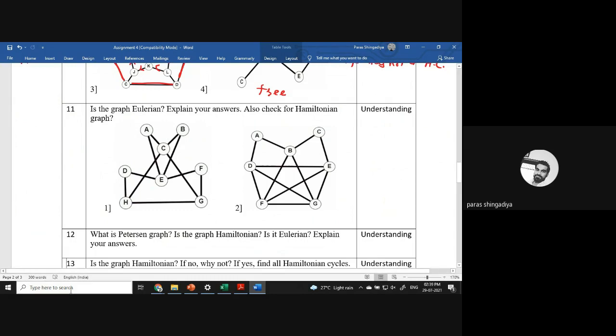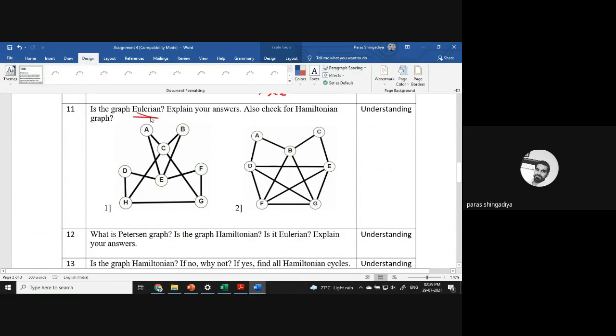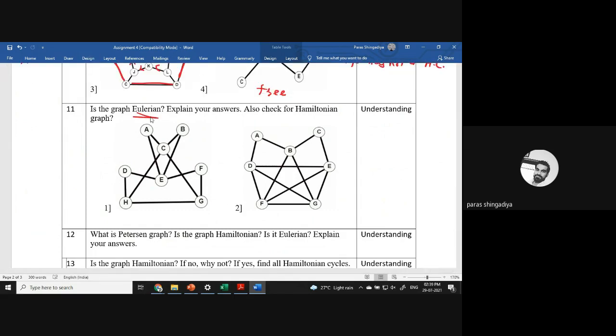So there are two graphs given, and you have to verify both. Means first check Euler graph and then also check for Hamiltonian graph. ठीक है, दोनों के लिए चेक करना. So try it.